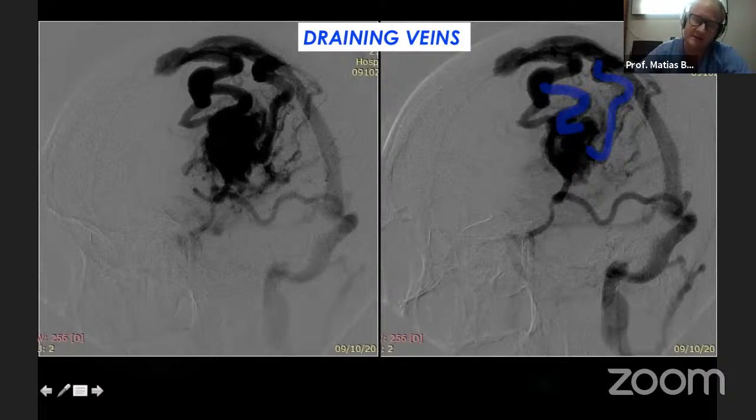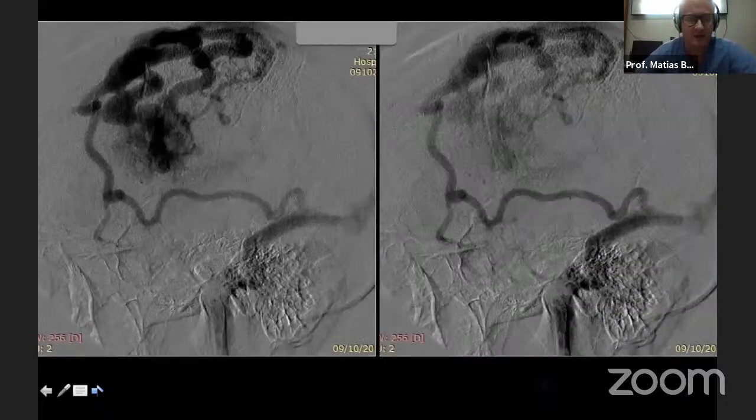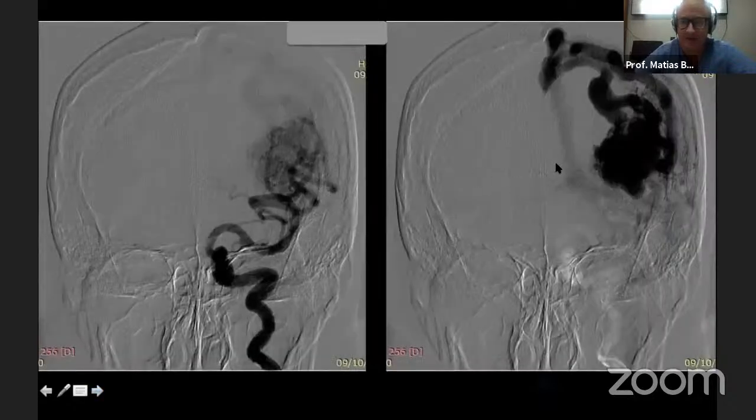The superior ones go to the superior sagittal sinus, and this one goes to the sylvian fissure, and then an anterior ramus to the sphenoparietal sinus, and a posterior ramus using the vein of Labbé draining to the transverse sinus in this case, colored in blue in this lateral projection. This is the analysis of the pattern of venous drainage of this big AVM.